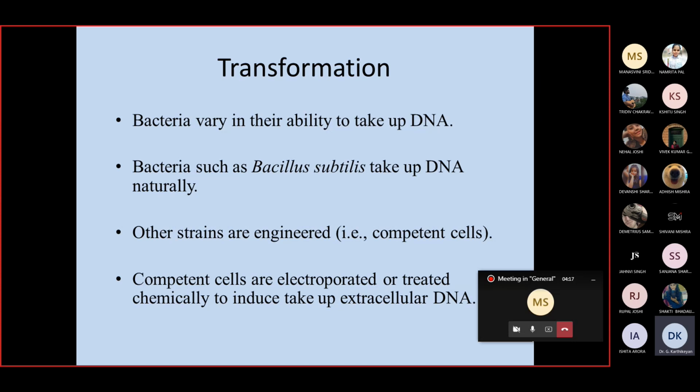Simply, the bacteria took up the DNA and R became S or S became R. It can happen either way. So we all know that bacteria have the ability to take up foreign DNA, and that process is called transformation.